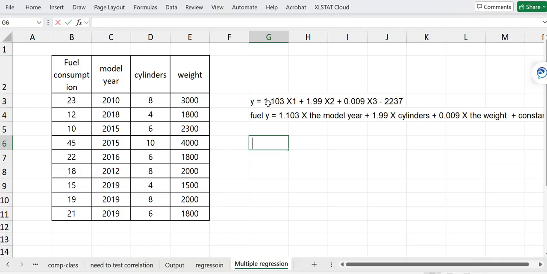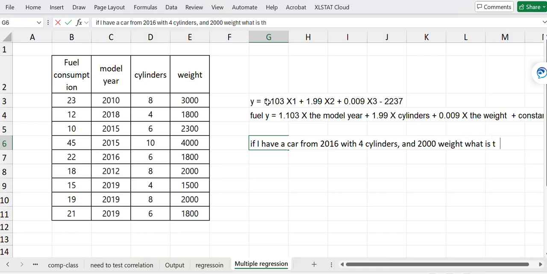Now, if I have a car from 2016 with 4 cylinders and 2000 weight, what is the expected mileage?